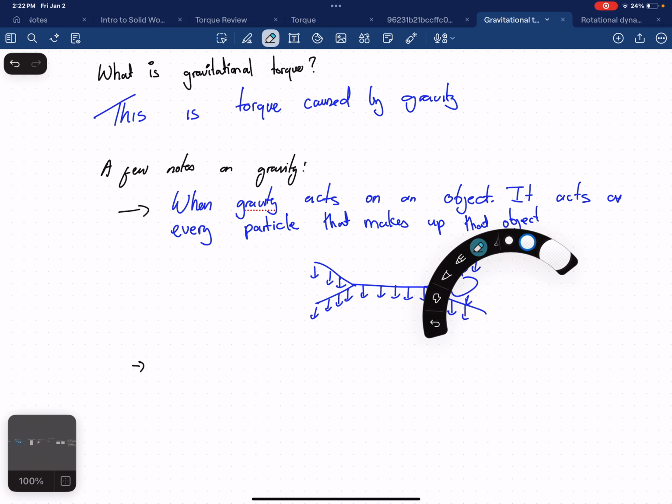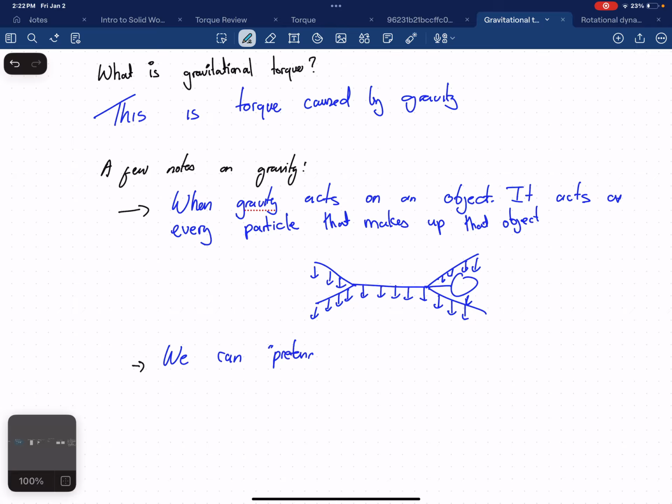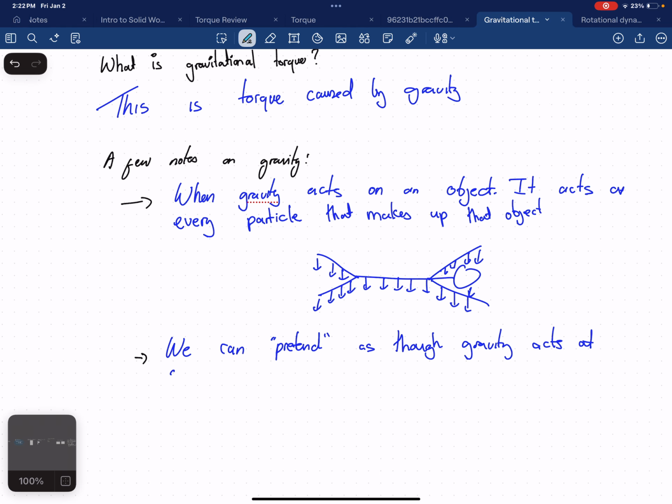Now, when you want to analyze this system, this can be a bit tedious. So, mathematically, there's a proof that tells us we can pretend as though gravity acts at a single point on our object.